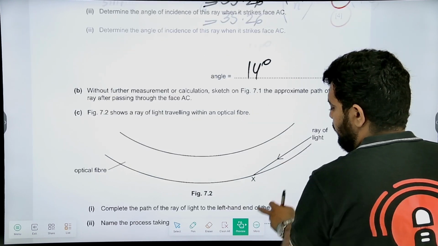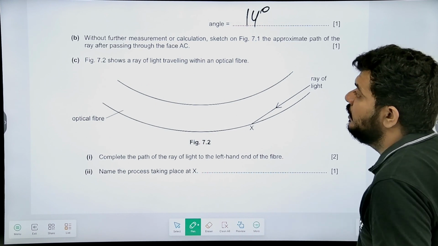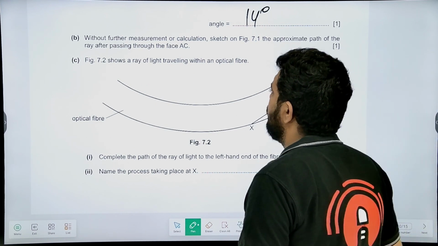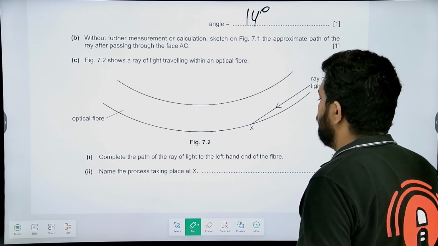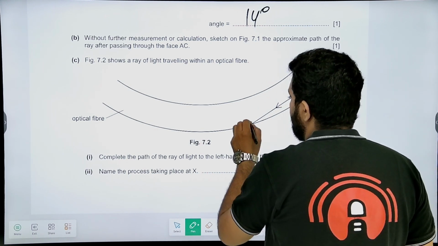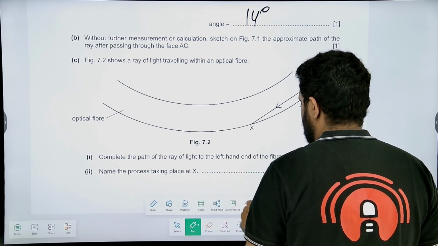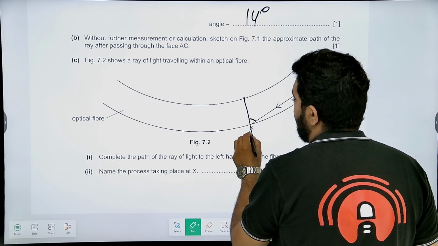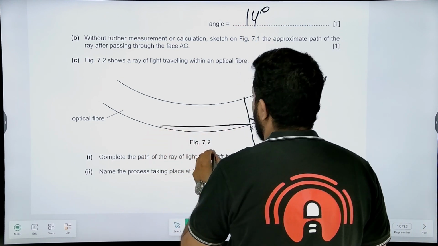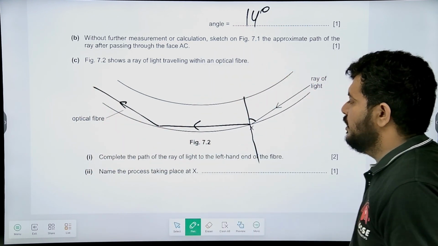Next question, we have figure 7.2 shows a ray of light traveling within an optical fiber. Complete the path of the ray of light to the left hand of the fiber. So I believe if I take this as the angle of incidence, this as the normal, then this will be the angle of refraction, and again this will be the second angle of refraction, right?